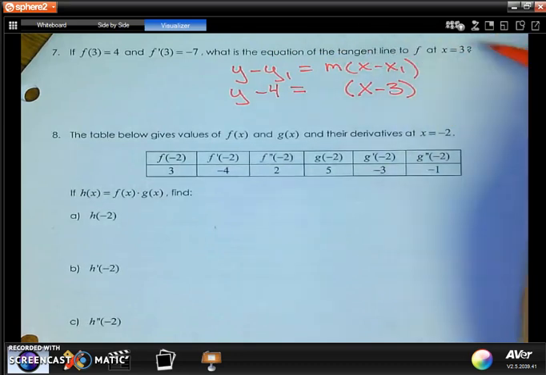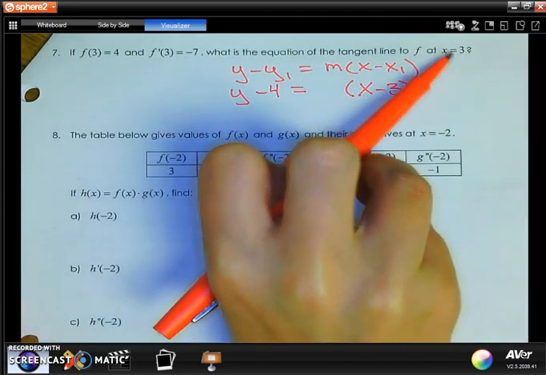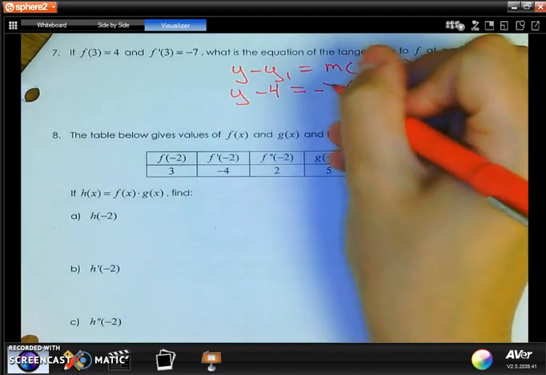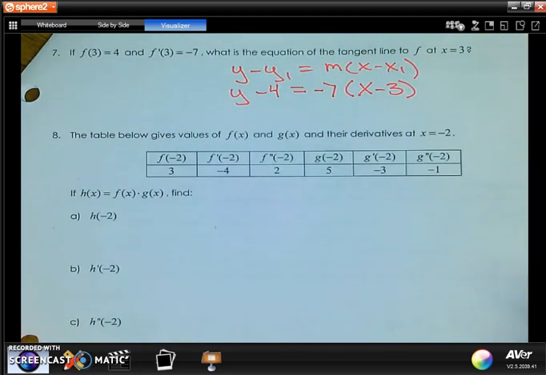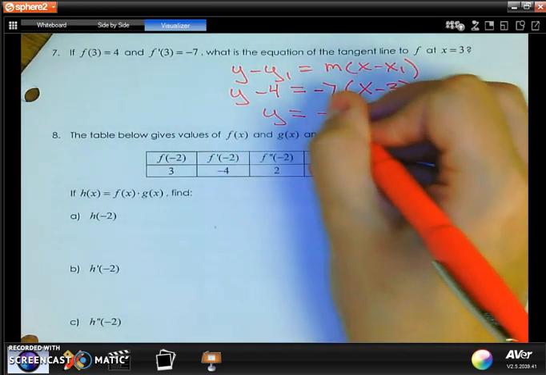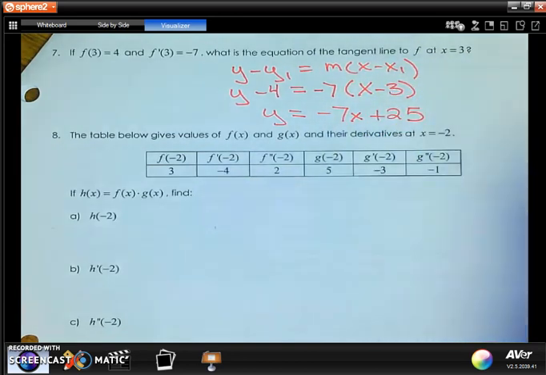We took a derivative, then we plugged in the x value they gave us. Well, they're telling us that when you plugged in that x value of 3, you got a negative 7. So this is the negative 7 right there. That would be your safe stop, and all you'd have to do is clean it up if it was multiple choice.